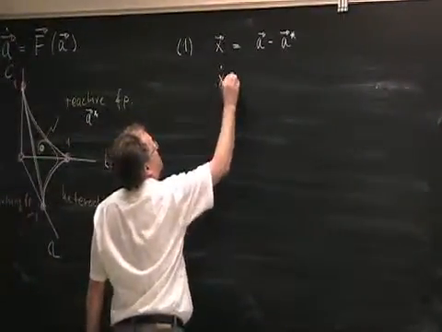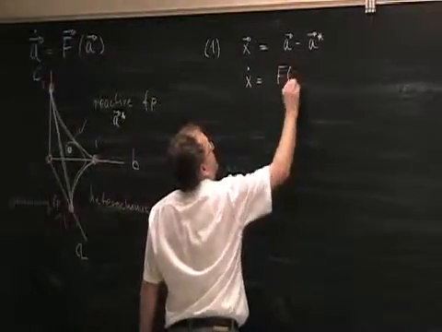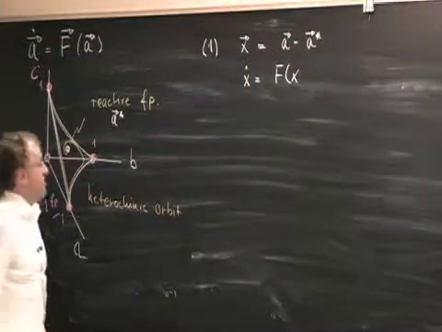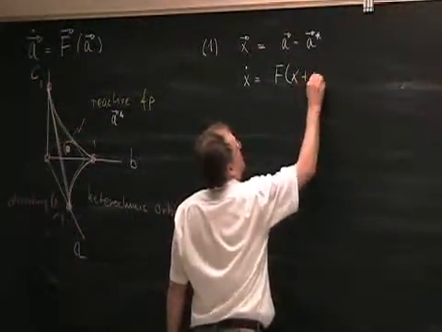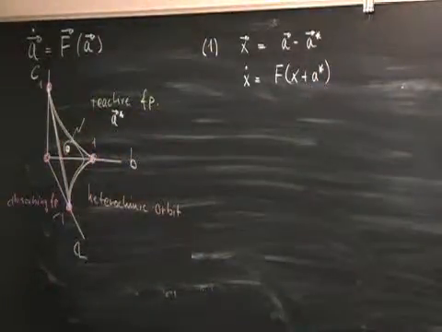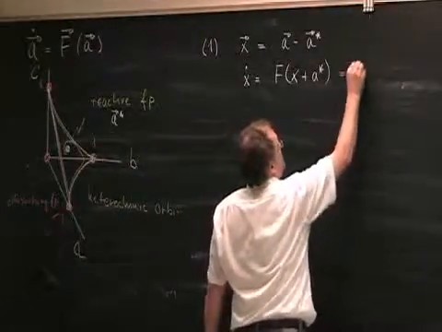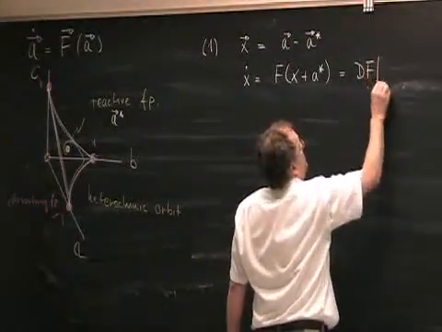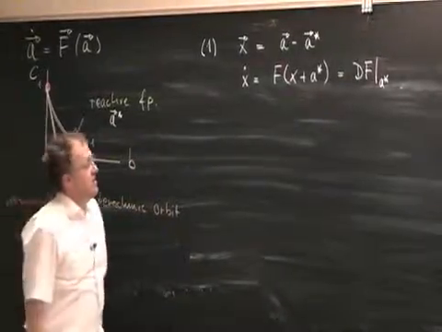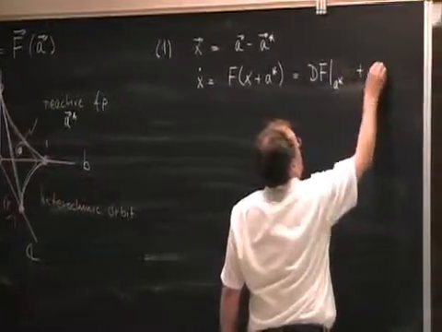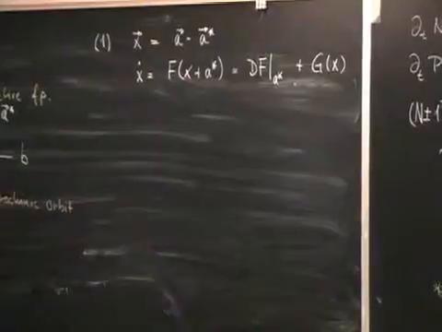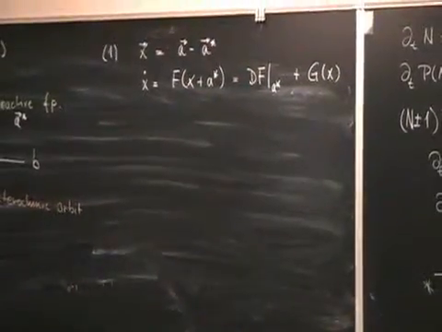So you write x dot equals f of x plus A star. And now forgive me not to write the vector arrows. I think that's clear from now on that those are vectors. You can Taylor expand that. Then you get as a leading term the Jacobian at the fixed point plus a term g of x, which contains all the remaining nonlinearities of the problem.